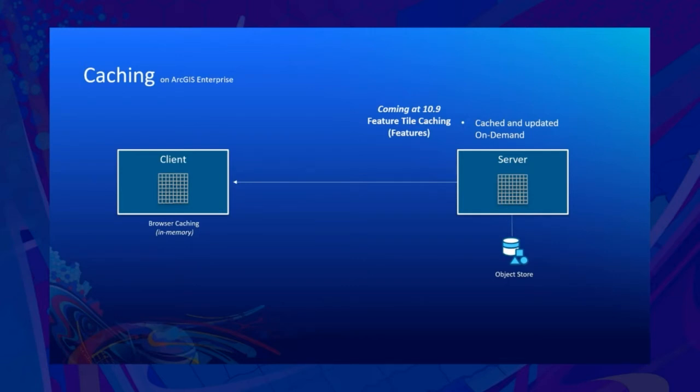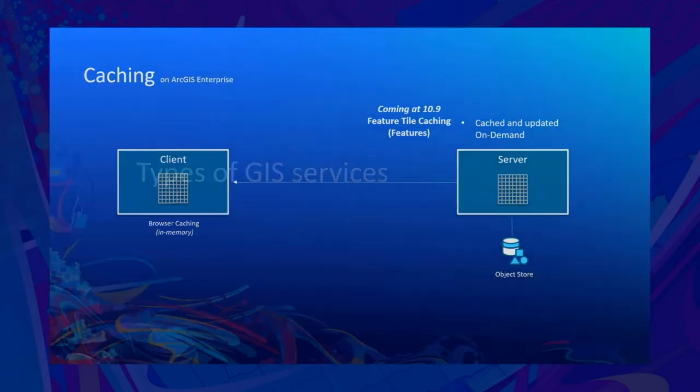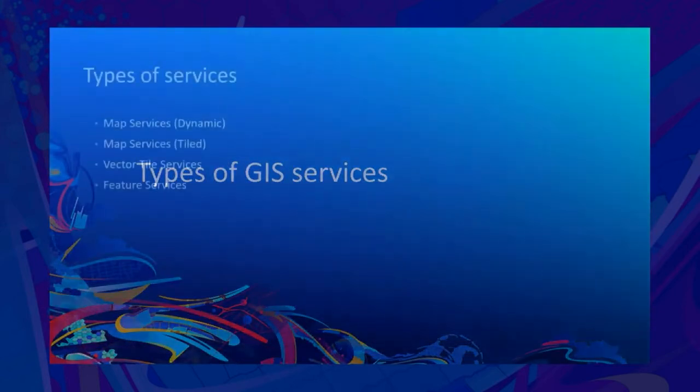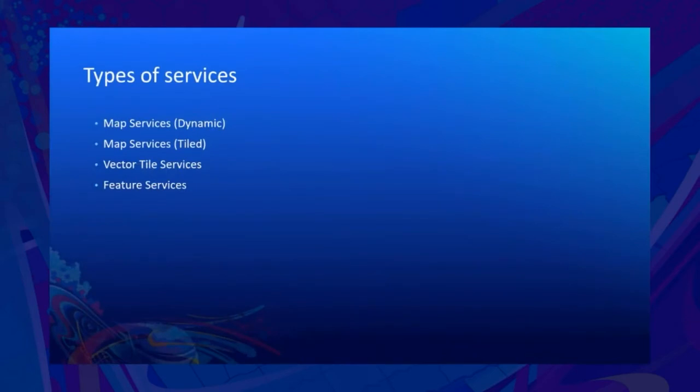Now let's move on to the many different types of GIS services that we support within ArcGIS Enterprise. There's a lot of them. In this presentation, what I will focus on is map services, both those dynamic and tiled map services that I've mentioned already. I'll talk about vector tile services, and I'll talk about feature services.